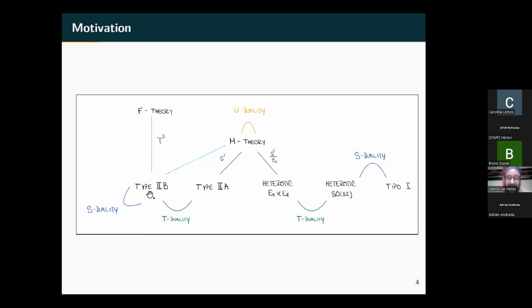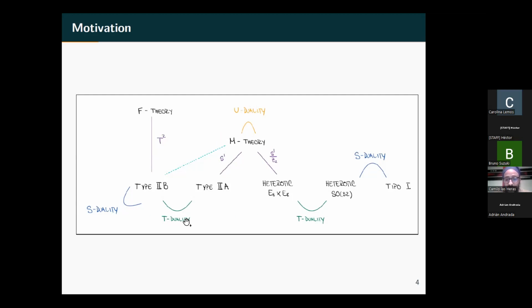They were related by a web of dualities. In particular, we have T-duality and S-duality that relate these string theories among themselves, and therefore this led the community to think that they may be understood as different limits of only one theory that lives in 11 dimensions, which we call M theory, okay?